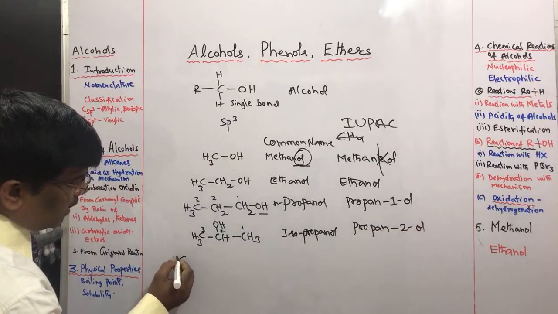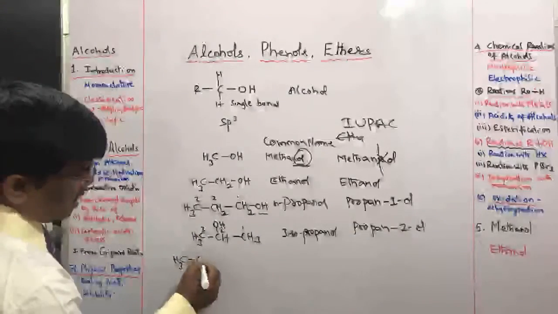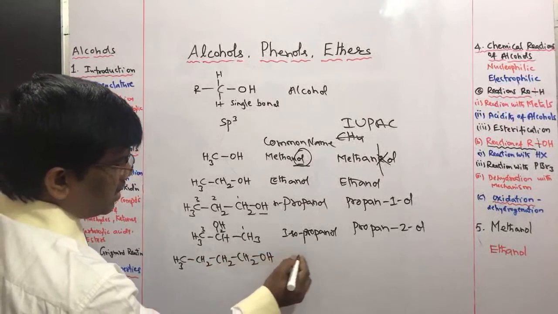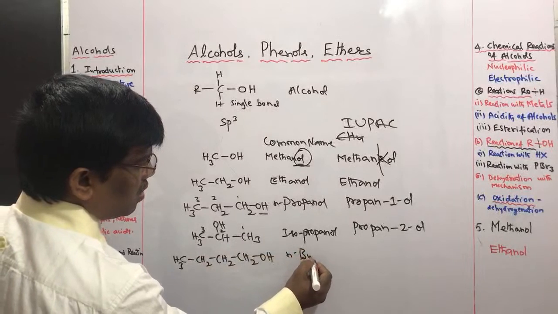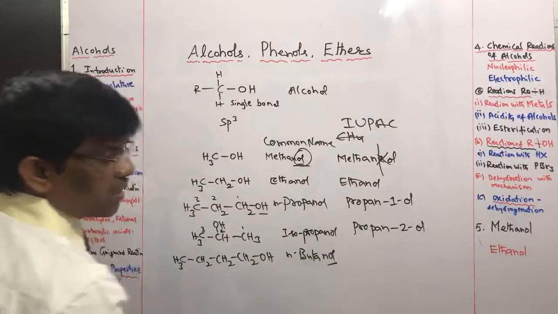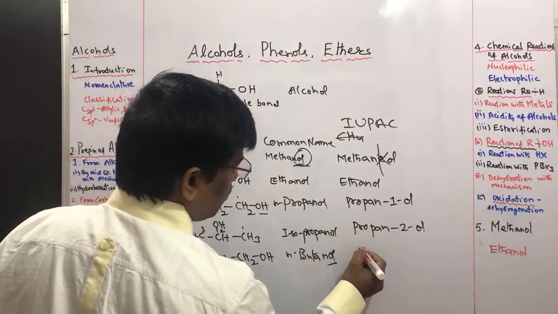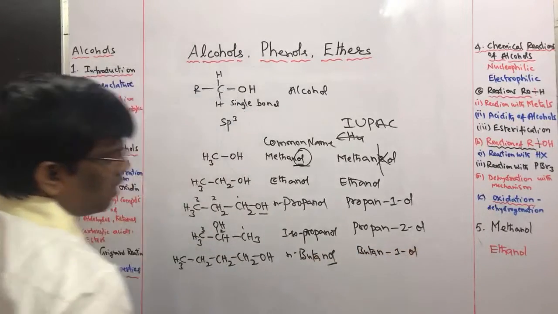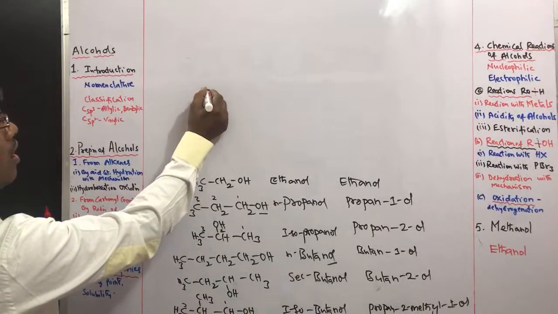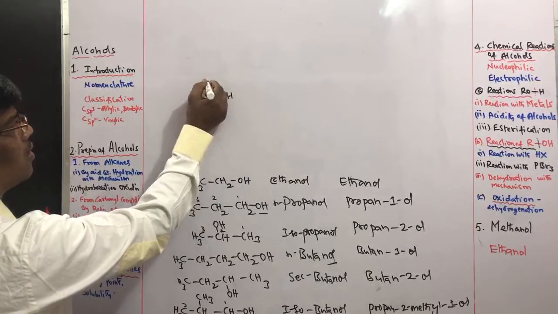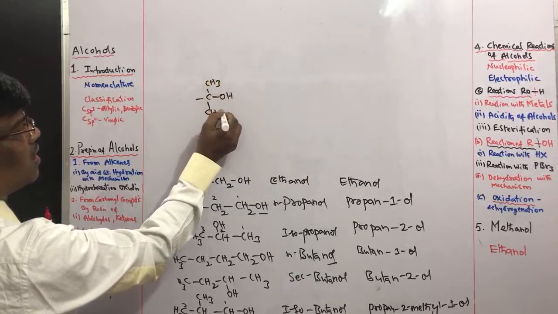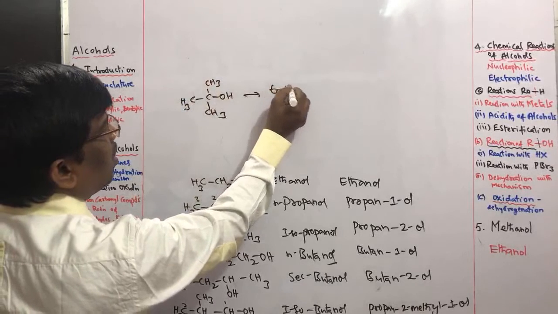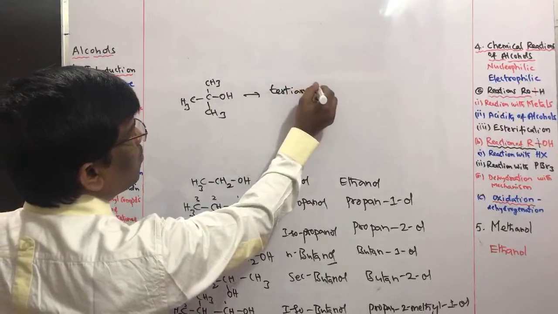Similarly, if you take the four-carbon CH3CH2CH2CH2OH, it is n-butanol. Students, butanol, it is butan-1-ol. And with CH3, CH3, this is tertiary butanol.